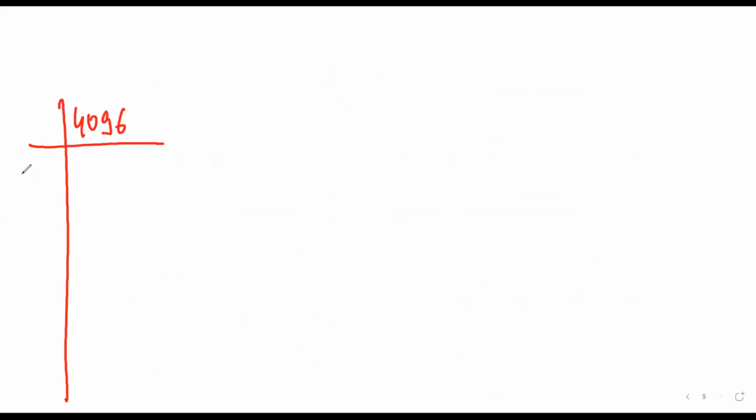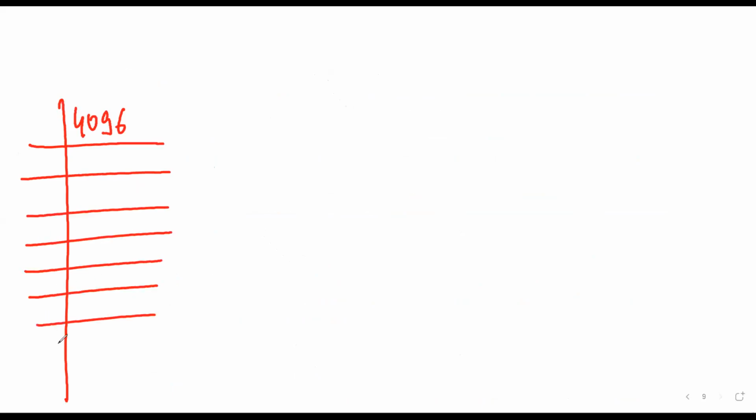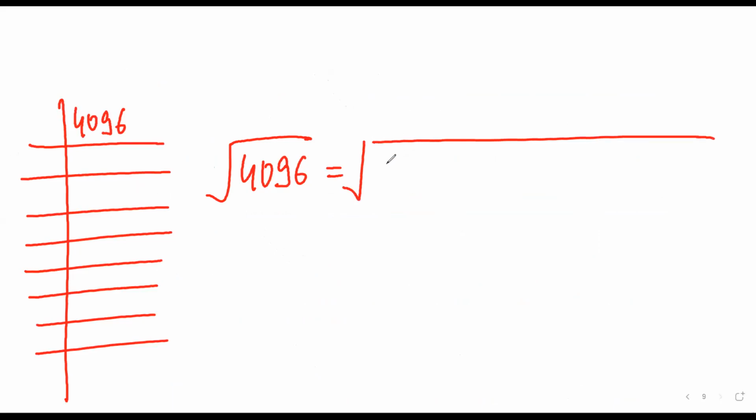It will be 2 into 2 into 2 into 2 into 2 into 2 into 2 into 2 into 2 into 2 into 2 into 2. How many 2s are there? 12. So it will be 6. So it will be 64. There are 12 twos under the root.